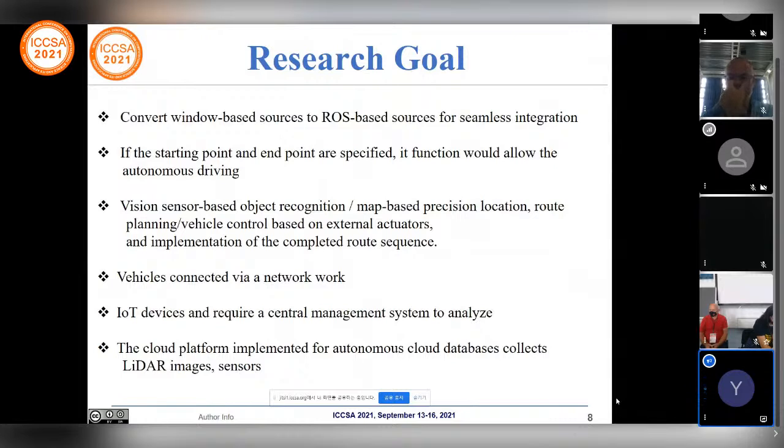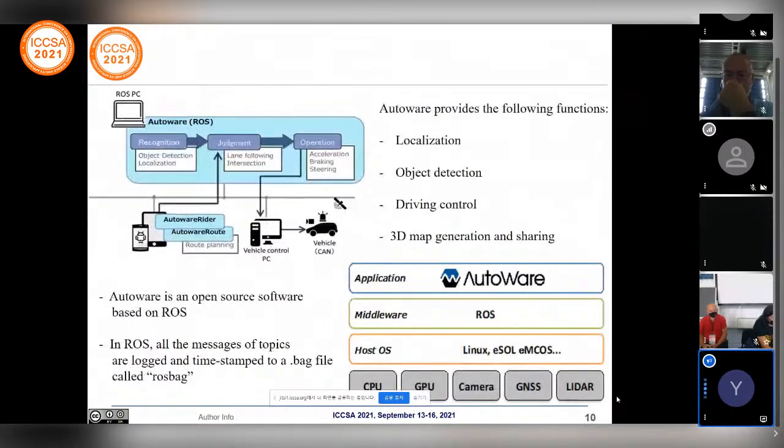IoT devices require a central management system to analyze, and also the cloud platform implementation for autonomous driving, where cloud data is collected, the later image and the sensor data, and so on.